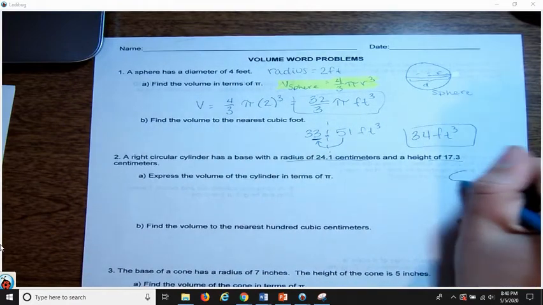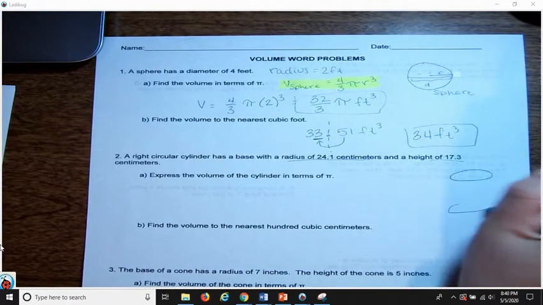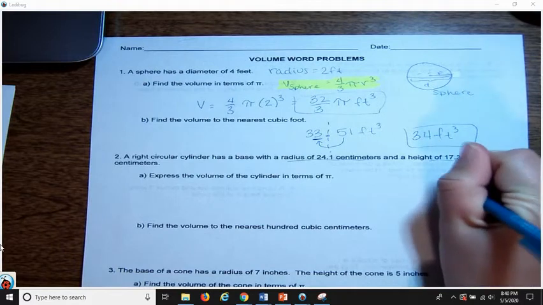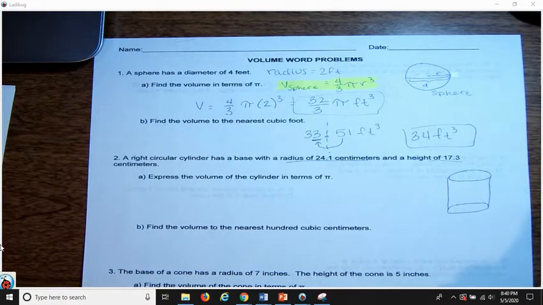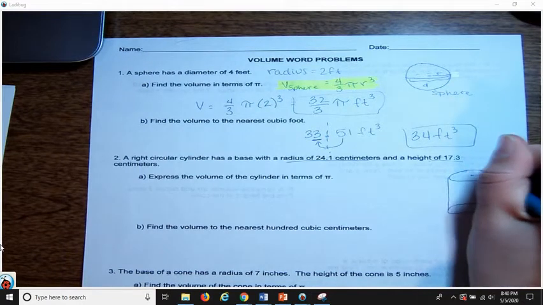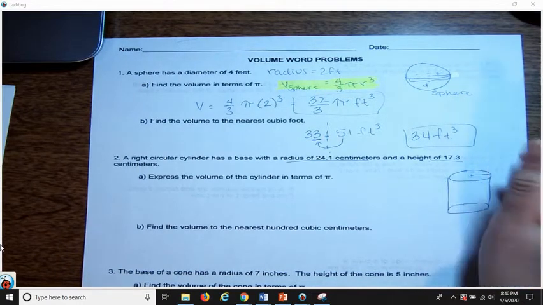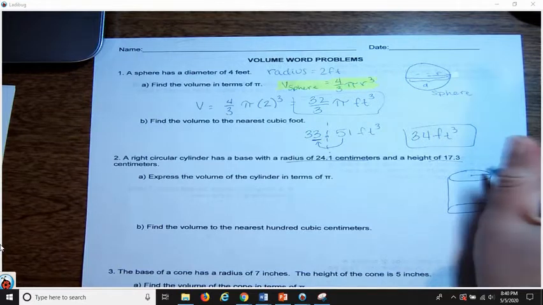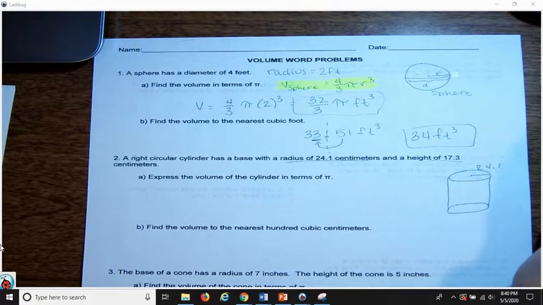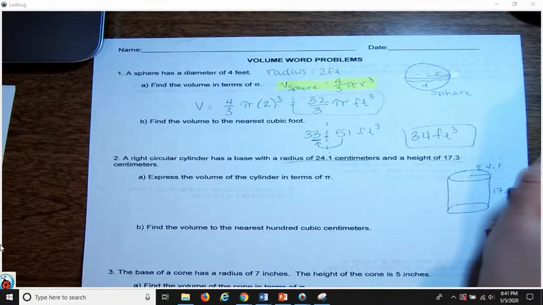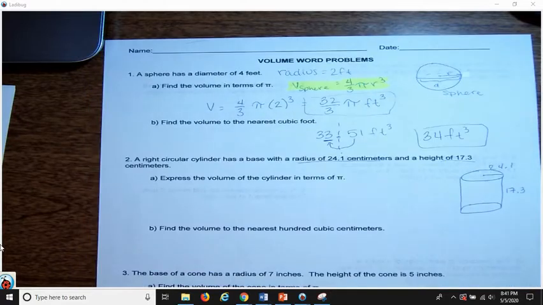It's nicest to be able to visualize the things that we're working with when we're thinking of volume so that we can have an idea of what we're doing. Also, I drew this not to scale because 24.1 centimeters is much larger than the height, which is 17.3. So this should really be a short and fat cylinder.